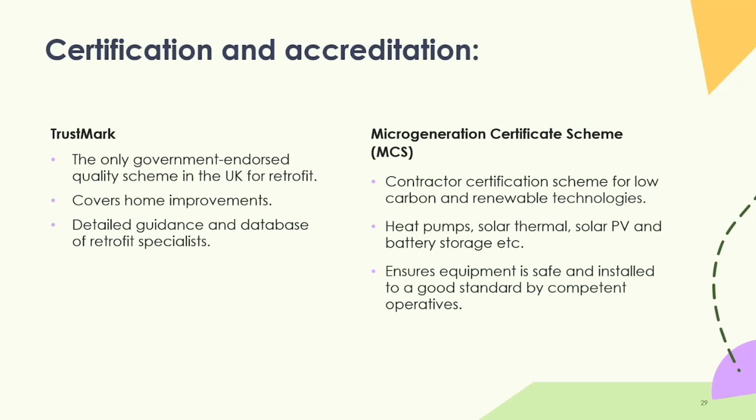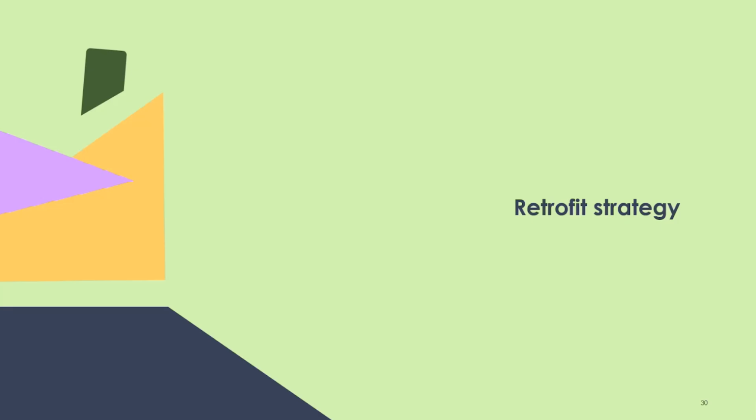So there's the prospect of those being easier to claim grant funding for in the future, which previously hasn't been an option because you haven't been able to model them under the existing versions of SAP that people have been using. MCS ensures that everything's safe and installed to a good standard by somebody who knows what they're doing, much in the same way that PAS 2030 does for people installing loft insulation or something like that.